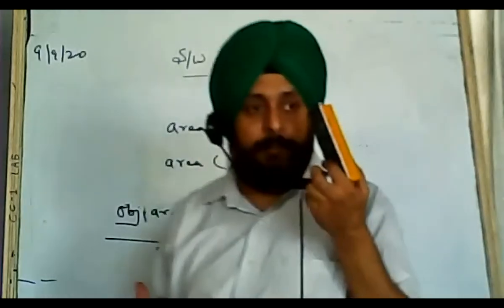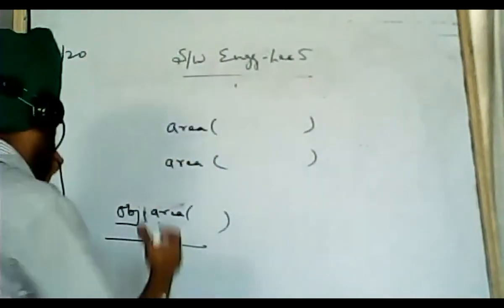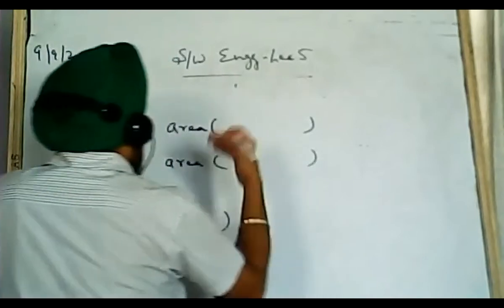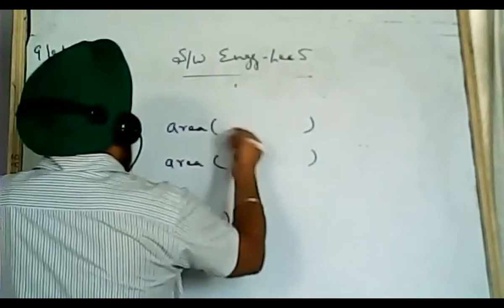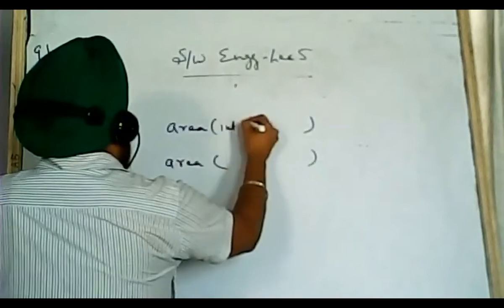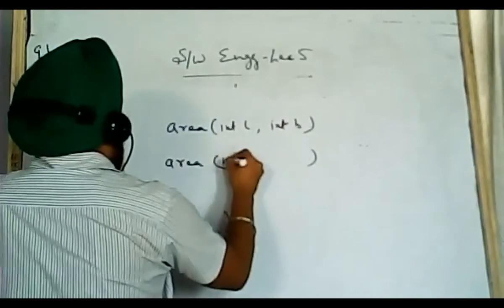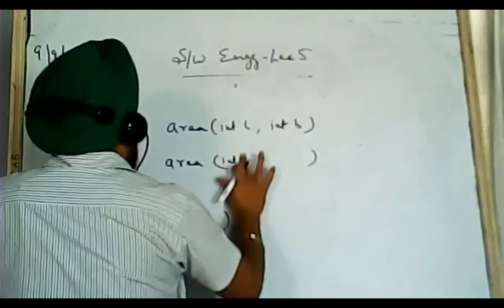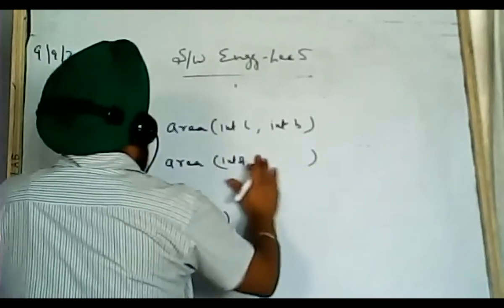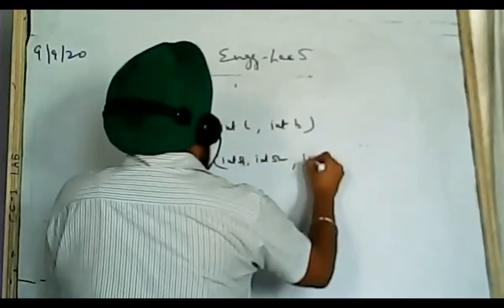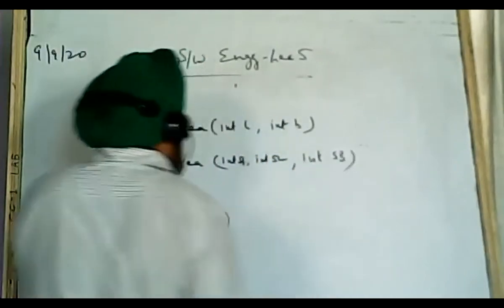One is having a different number of arguments. Two functions are there, but both have different arguments. Suppose here one argument is length, another is breadth, and here side 1 s1, side 2 and side 3.